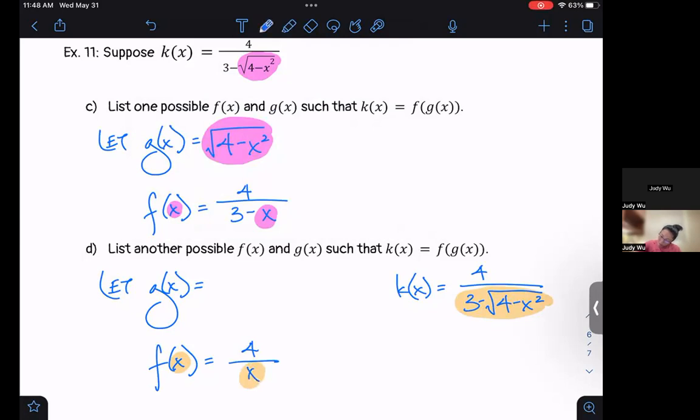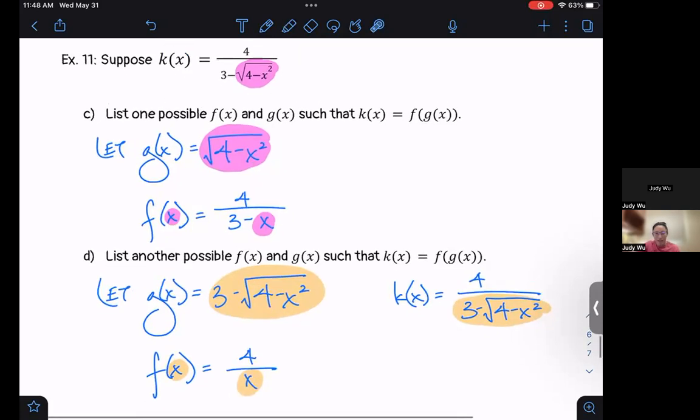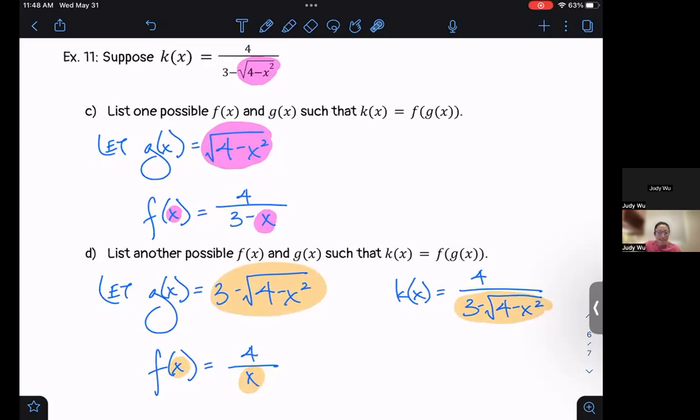All right. And it would make my inner function 3 minus the square root of 4 minus x squared. All right, so this would be the output of the first function, and it goes in to the second function. All right, now there could be many other ways that you could write it, but I just wanted us to practice thinking about at least 2 different ways, okay?